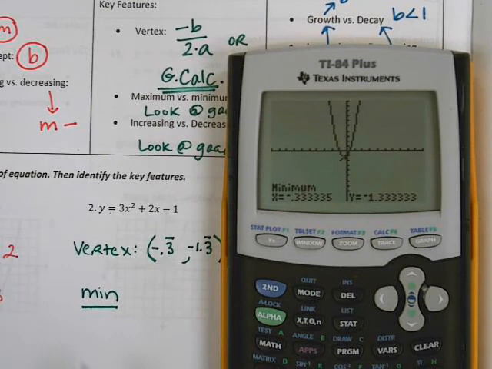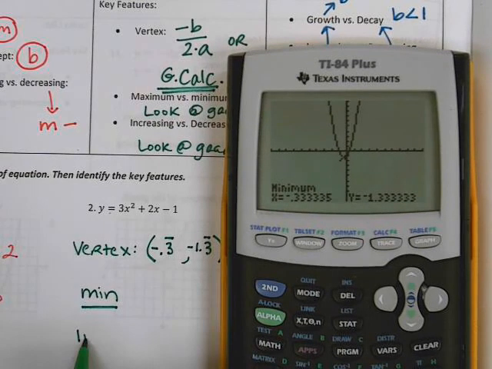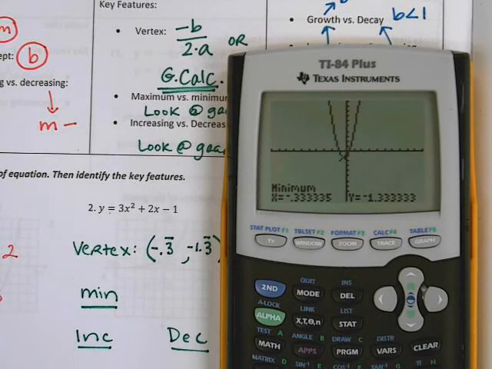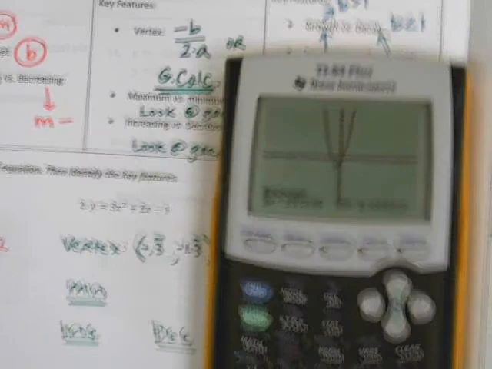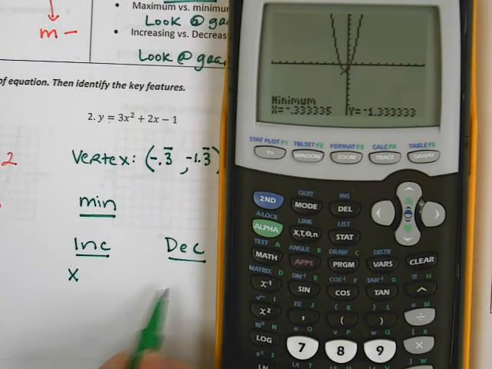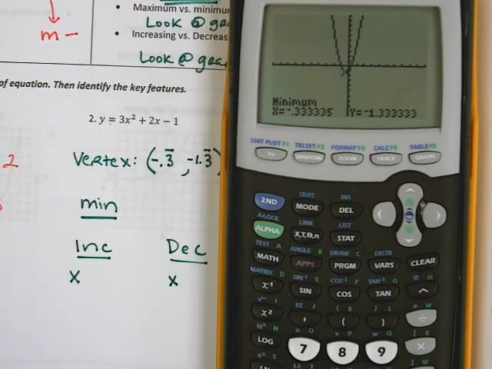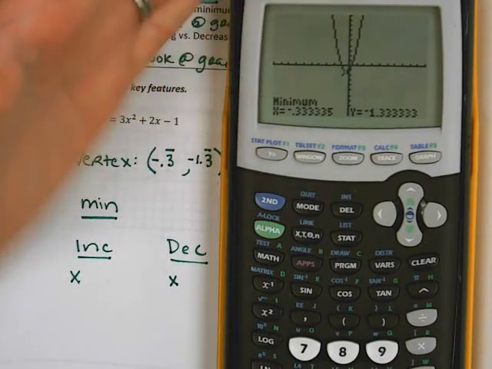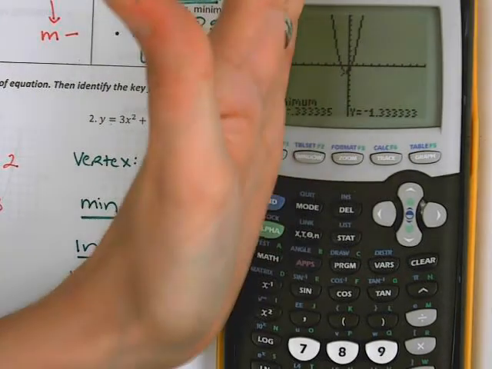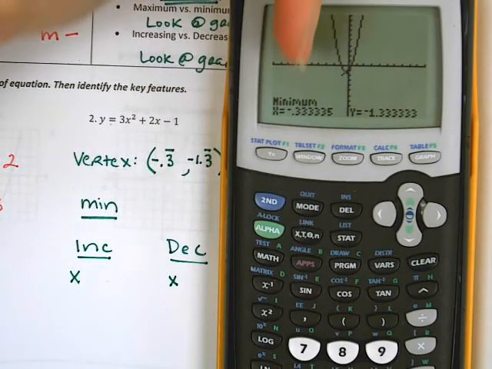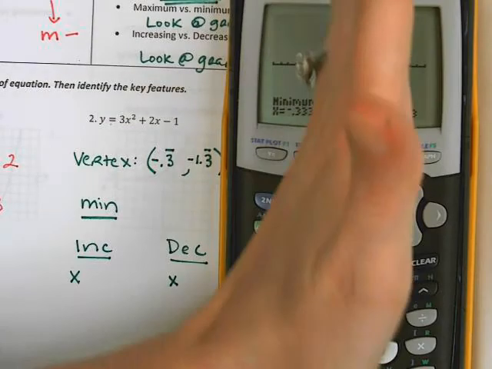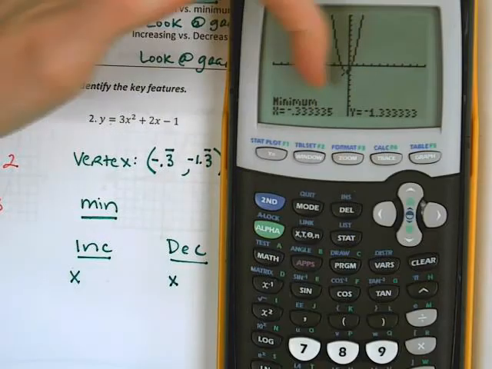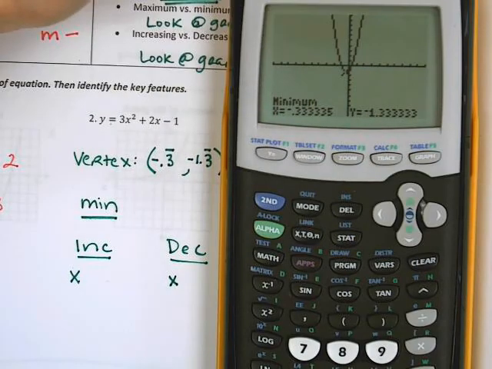Okay, now, when is it increasing and when is it decreasing? Okay, and these are all about x values. So to the left of the vertex, the function is decreasing. And to the right of the vertex, the function starts increasing.